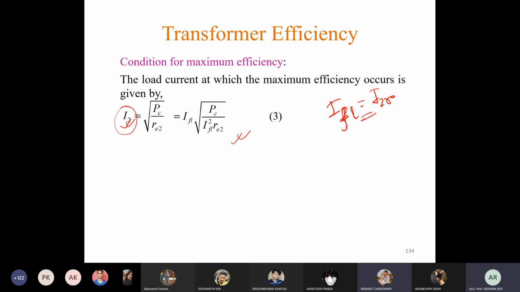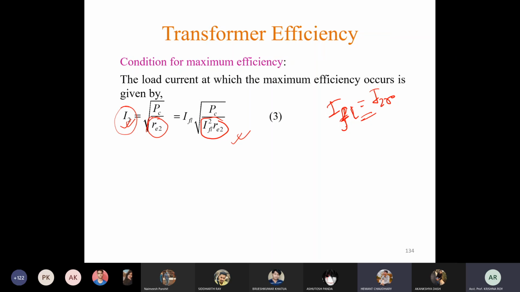Now see this RE2. You have to determine RE2 by performing the open circuit test and short circuit test. But IFL square RE2, that is the copper loss, you can determine by performing only the short circuit test, by running the transformer at full load current.